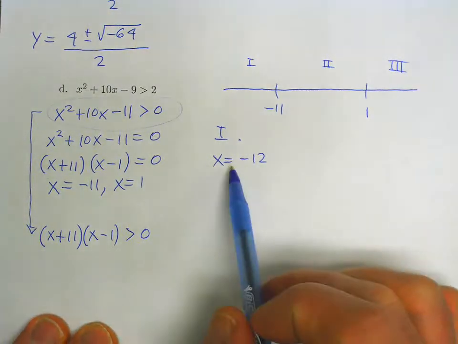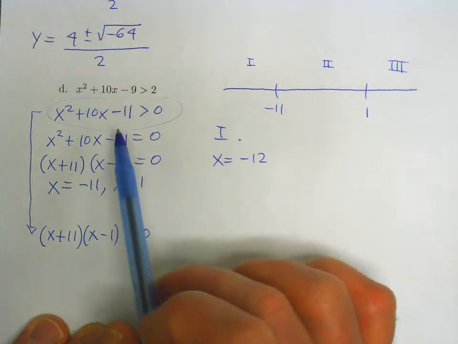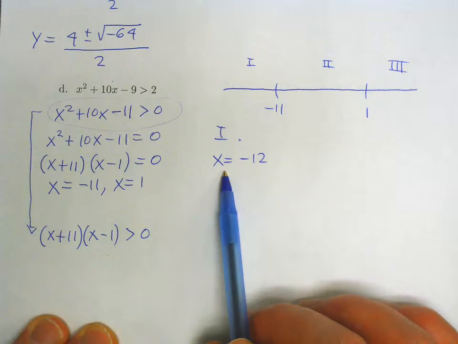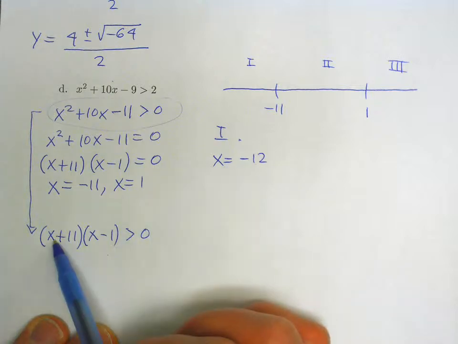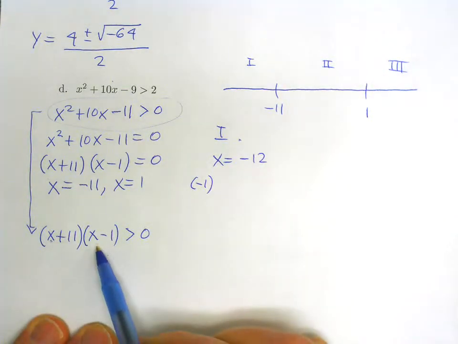And I'm going to use the factored form of the inequality. You don't have to. You can use any one of those inequalities. But if I replace this x with negative 12, negative 12 plus 11 is negative 1. And in the other factor, replace x with negative 12.